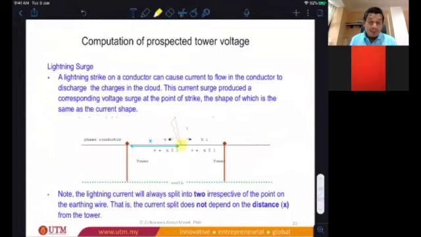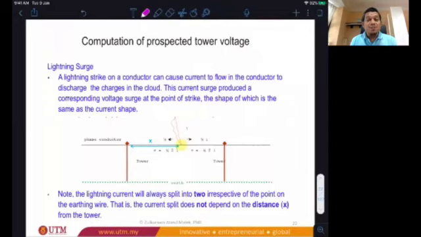Therefore, you will have attenuation along the line, of course. But first of all, the current will split into 2. Therefore, the surge that propagates to the right as well as to the left is given by this formula, which is half Z multiplied by I.